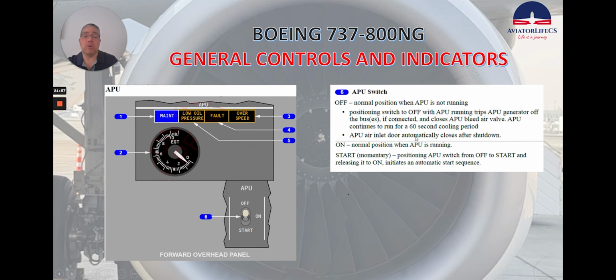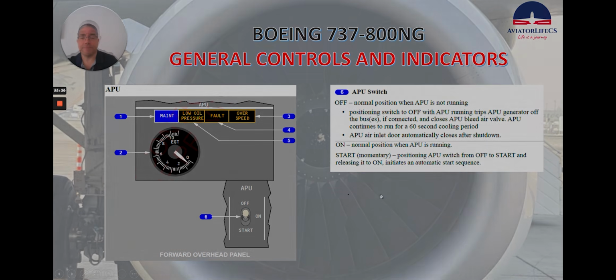APU air inlet door automatically closes after shutdown. In the on position, normal position when APU is running. Start, momentary, positioning APU switch from off to start, and releasing it to on initiates an automatic start sequence.